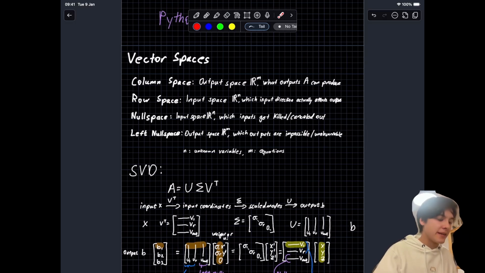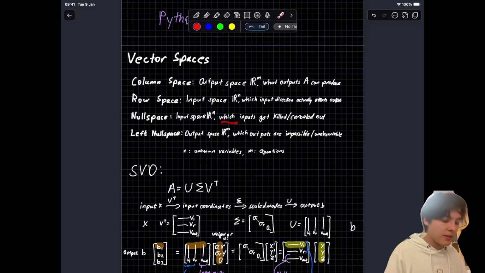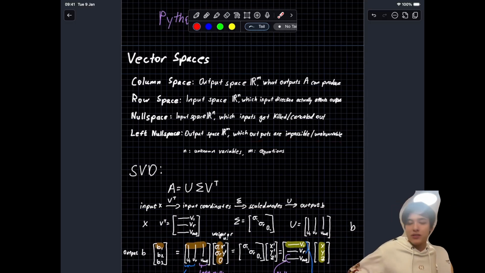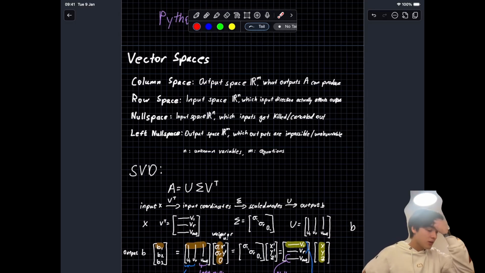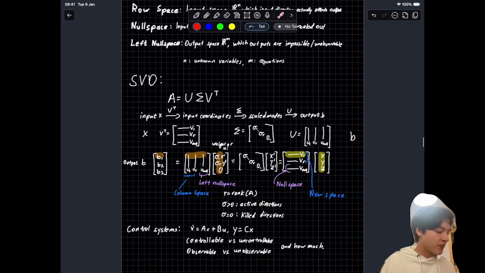The null space is input space, but the inputs which get killed or cancelled out. The left null space lives in the output space, and it's which outputs are impossible to reach, or unobservable in control systems, I guess. So yeah, n is our unknown variables, m is the equations.